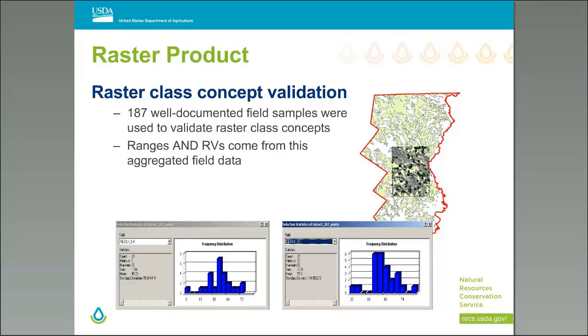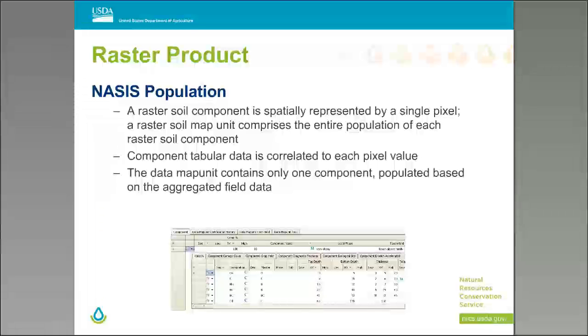Depth to redox features and depth to bedrock, I think, were both important, or maybe it was depth to restrictive, I just can't see. But anyway, those things were collected for all of these points, and those are part of what's important to differentiate the soil classes from each other. And so again, the aggregated data from these 187 points were used to populate the database.